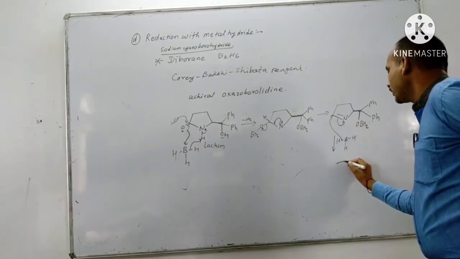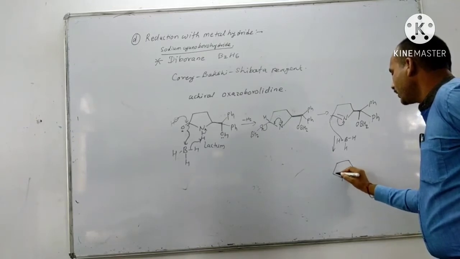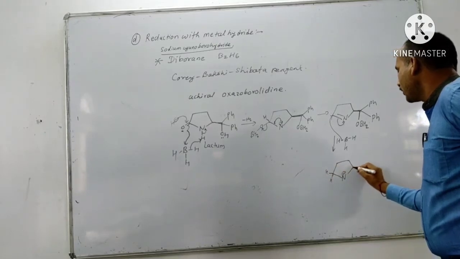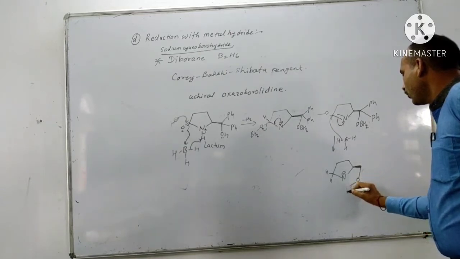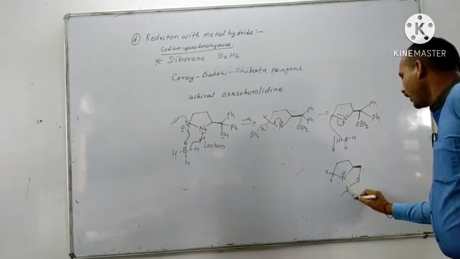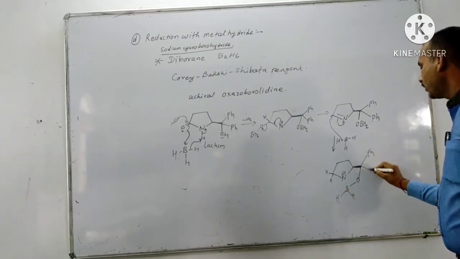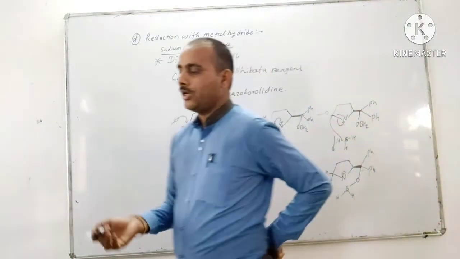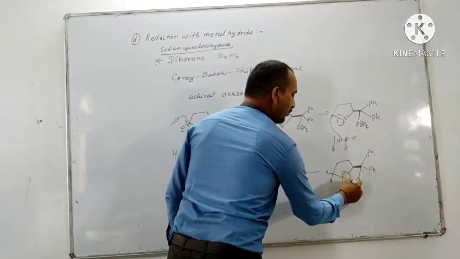So there is N minus, there is H, H, OBH2, Ph. Then there is attack of this O minus on this boron.